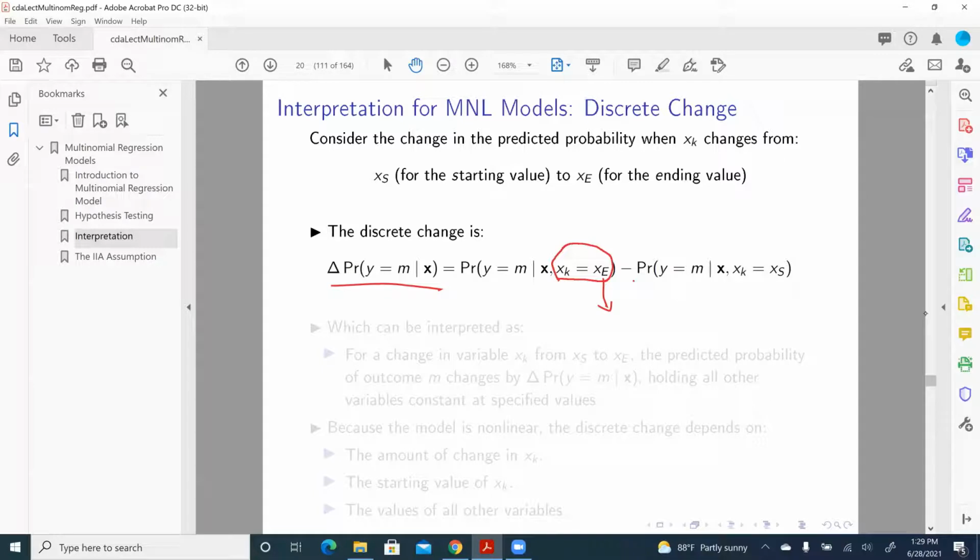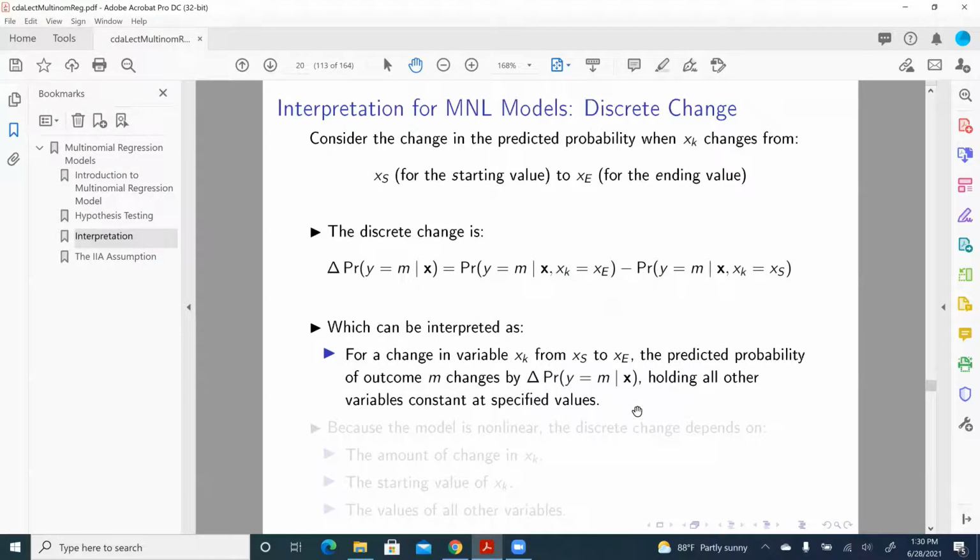Then we subtract another predicted probability computed using the starting value of x for xk. We compute two predicted probabilities and take the difference, which can be interpreted as: for a change in this generic variable xk from x starting value to x ending value, the predicted probability of outcome n changed by the delta amount, that is, the difference in the predicted probability. Holding, remember that, holding all other variables constant at specified values.